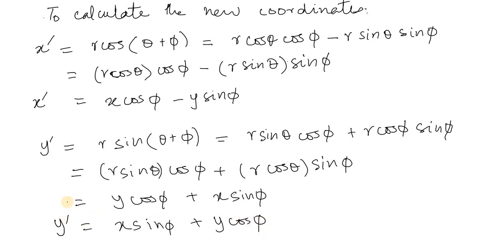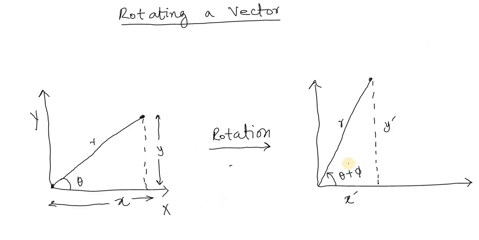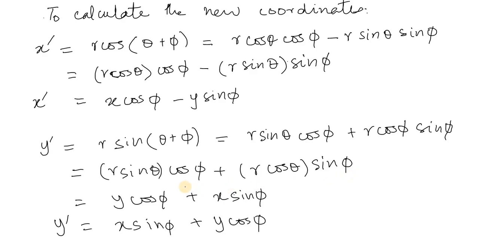So you can see that the new coordinates depend upon the old coordinates and also the angle phi by which your vector has been rotated. Theta doesn't matter; only the old coordinates and the rotation angle matter. So this is how you can calculate the new coordinates.